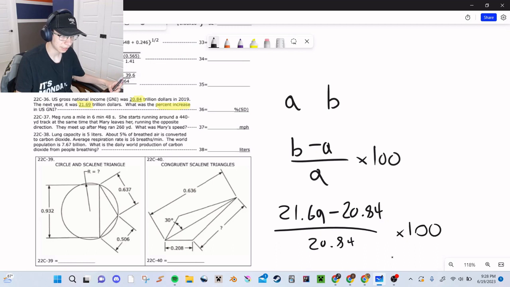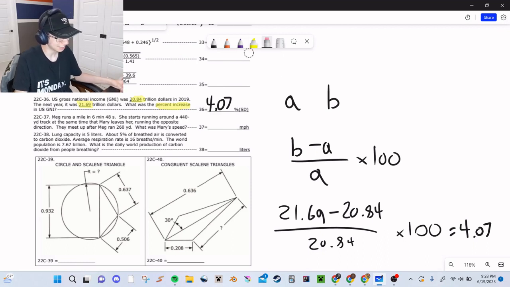And that gets me an answer of 4.07. I'm going to ignore the SD part for now because I don't know how to do SD questions. Technically the answer here officially is 4.1. But we're just going to put 3 sig figs for all of these questions, pretty much.